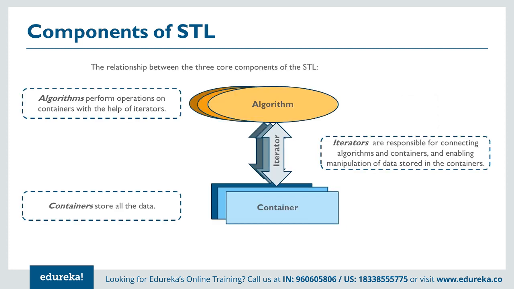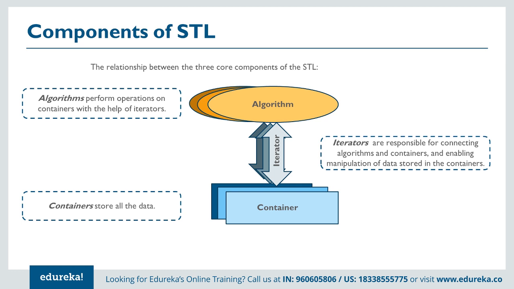So let us continue with our components of STL discussion. Now the relationship between the three core components of STL can be represented diagrammatically, as you can see here. So container stores all the data. This is your container. Then algorithms perform operations on the container with the help of iterator. As I've already mentioned, you access the elements with the help of iterators.